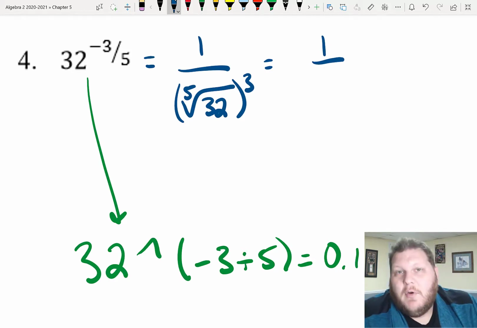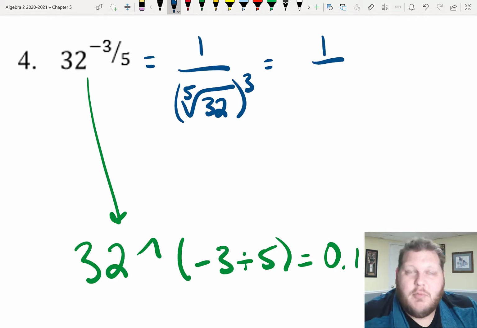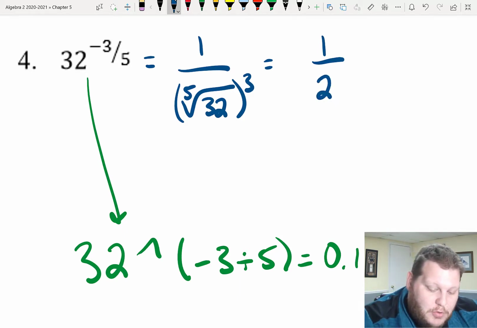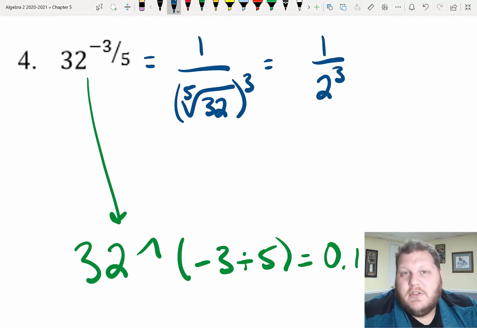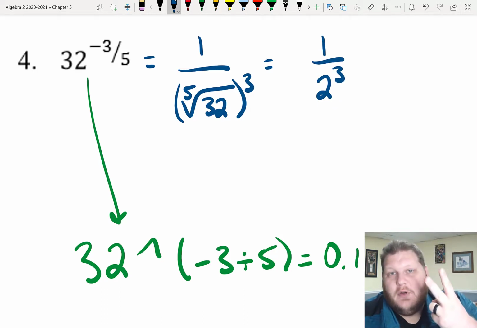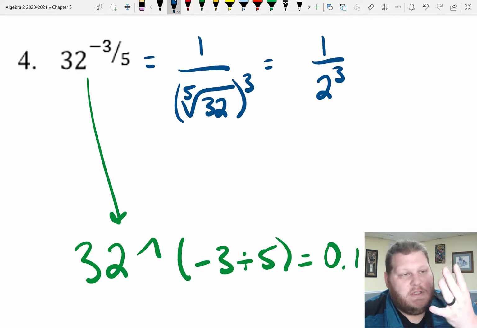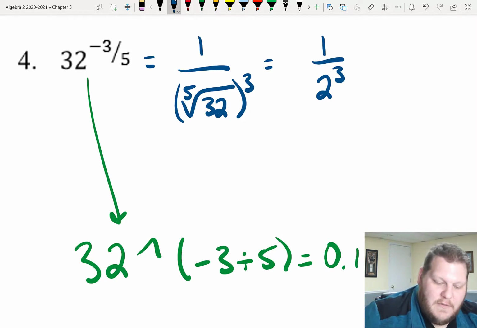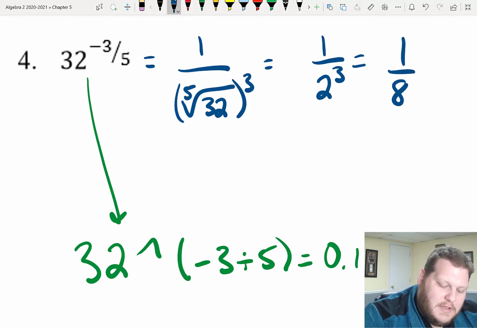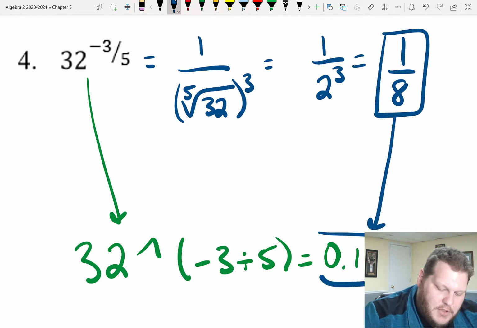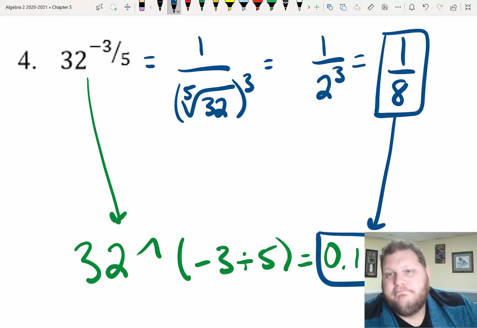I have to figure out what the 5th root of 32 is, so you probably have to use a calculator for this. I'm a smart guy and also have the answers, so I know that that's 2. Because 2 times 2 is 4, times 2 is 8, times 2 is 16, times 2 is 32. Beautiful. 2 to the 5th power. So 2 cubed is 8, so 1/8, which is the fraction version of 0.125.